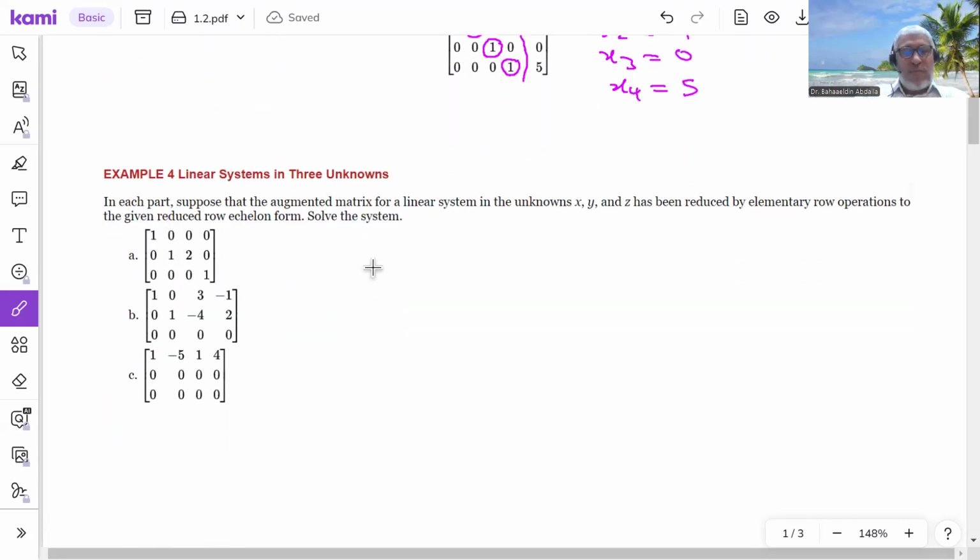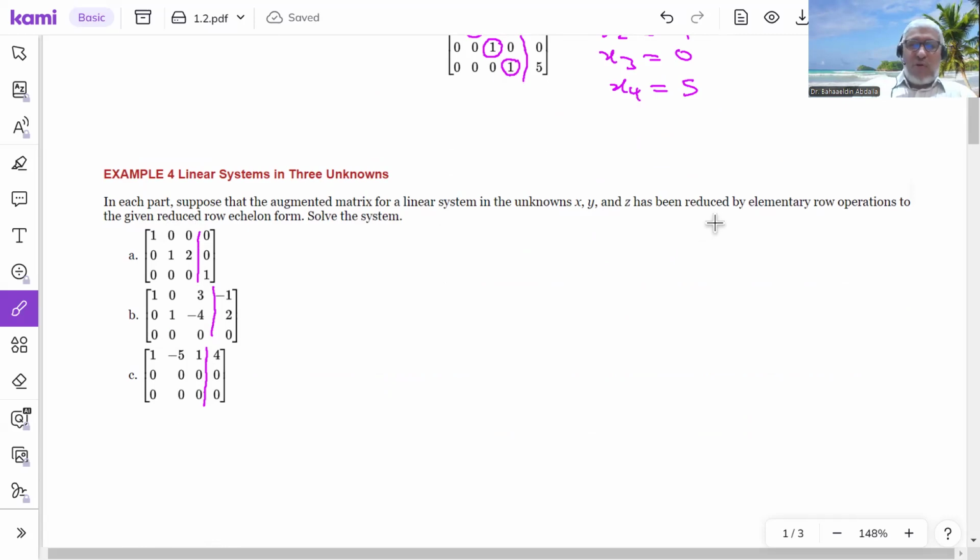In each part, suppose that the augmented matrix in the unknowns x, y, z. So here we have x, y, z, okay? And the last column is the column of constants. It has been reduced by elementary row operations to the given reduced row echelon form.